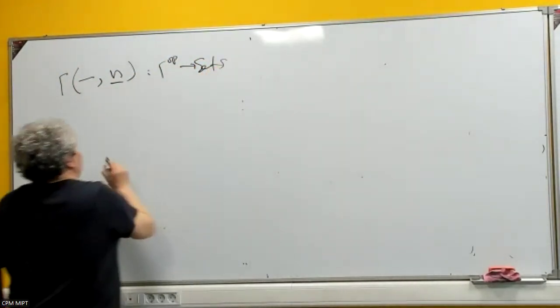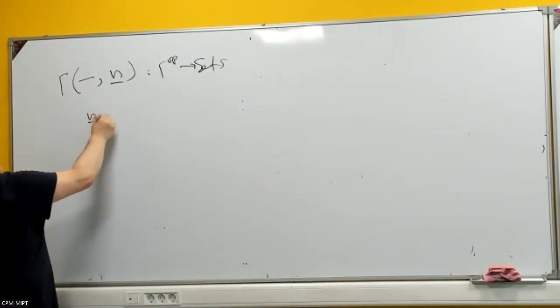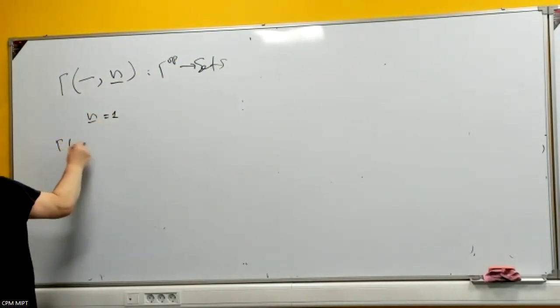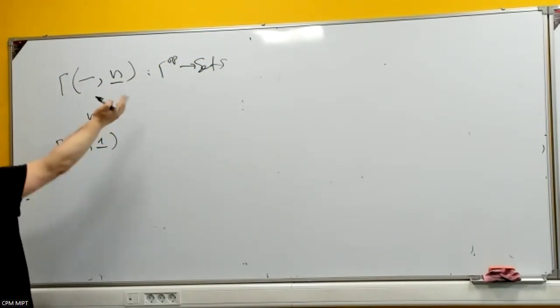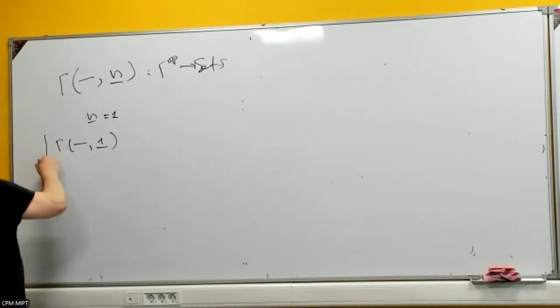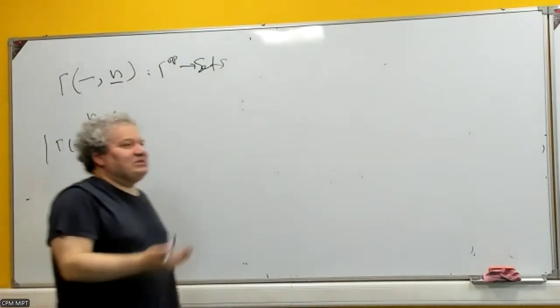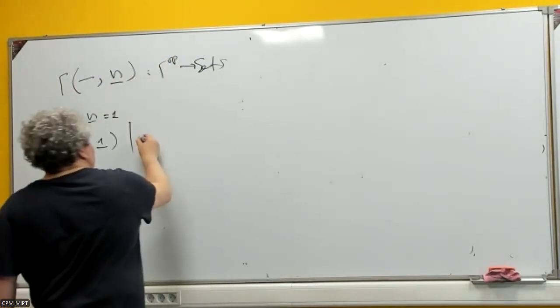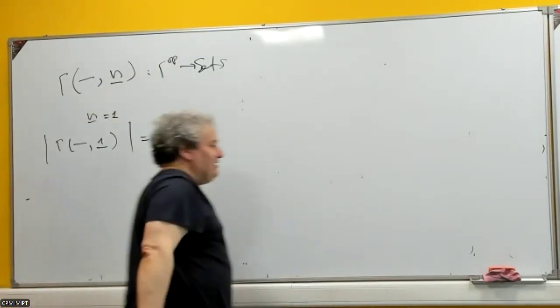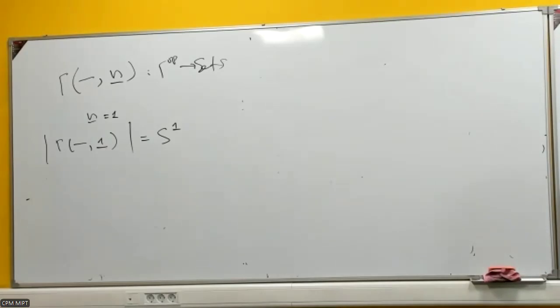So, for example, let me take n equal to 1. Then I have gamma to 1, and this is such a functor, and I'd like to consider its realization. So what is the realization? The statement is that it's a circle. To have the realization, you first restrict to delta and take the realization. So the proof is as follows.